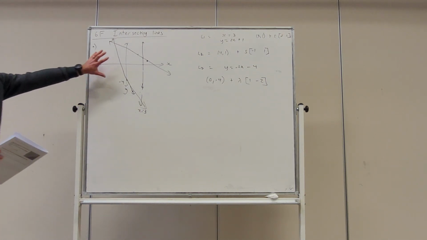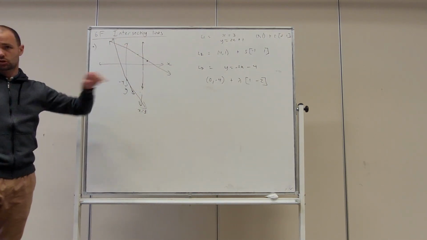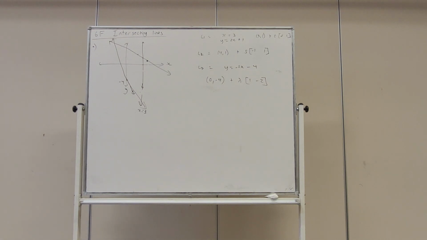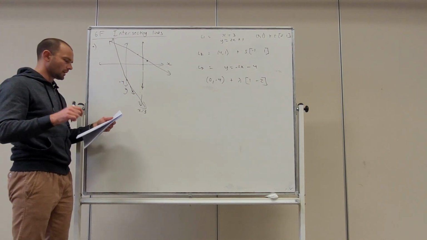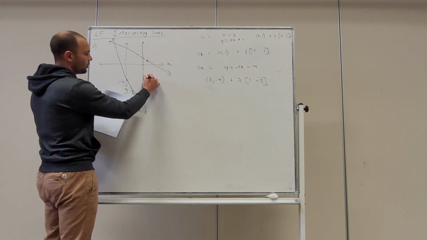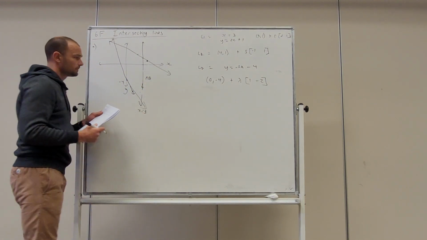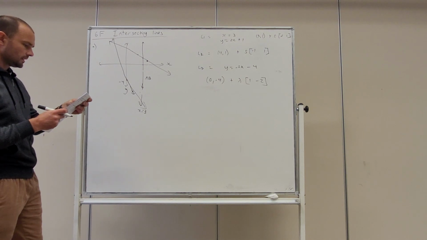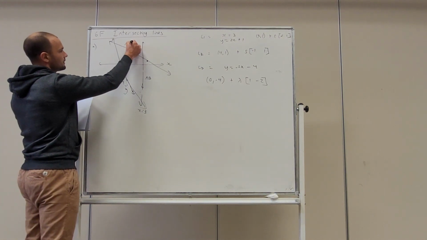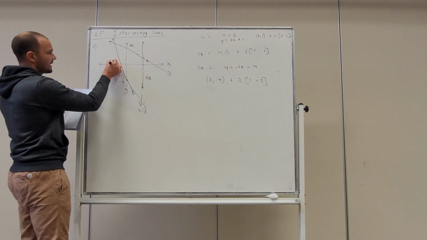Alright, so we have these 3 lines, and they make up a triangle on the Cartesian plane. Okay, we want to determine the coordinates of ABC. Now, I think as well we should label this triangle. So we're told this is line AB, this is line BC, and this is line AC.